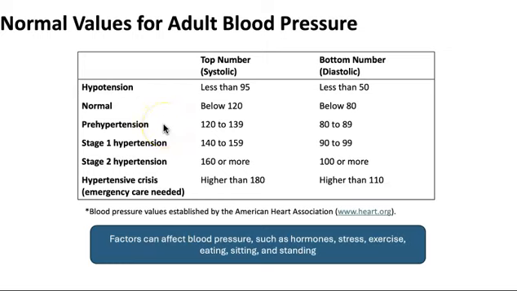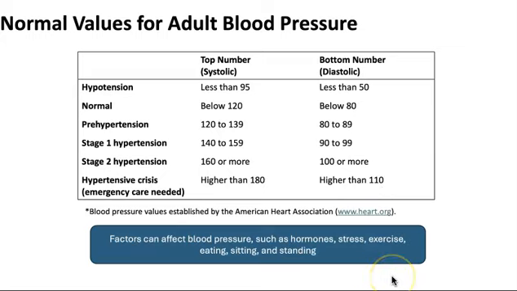You do want to have a good idea of what the ranges of these numbers are. You could see that this would be our systolic pressure, this would be our diastolic pressure. And if we have a blood pressure that is higher than 180 over a number that's higher than 110, we are in a hypertensive crisis and emergency care needs to be given.